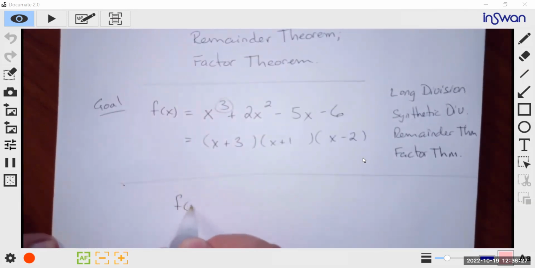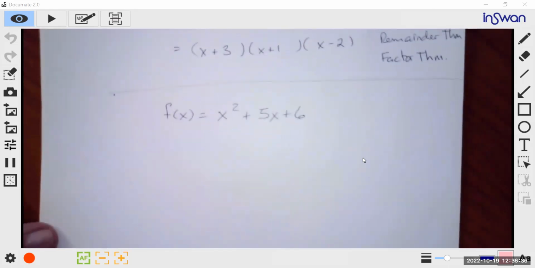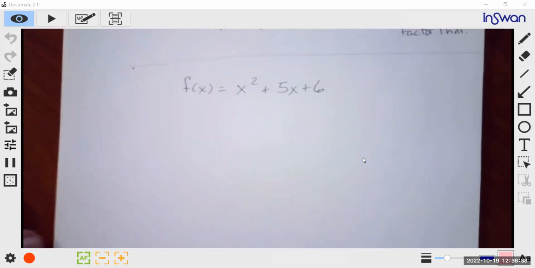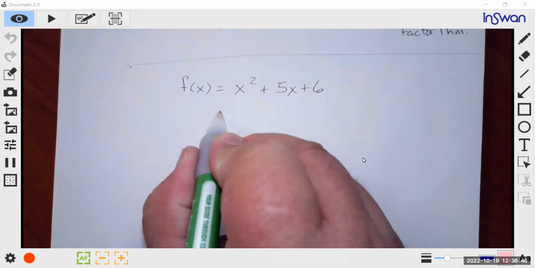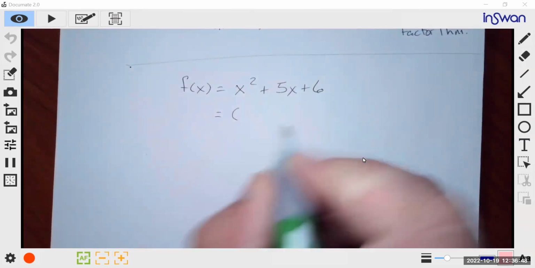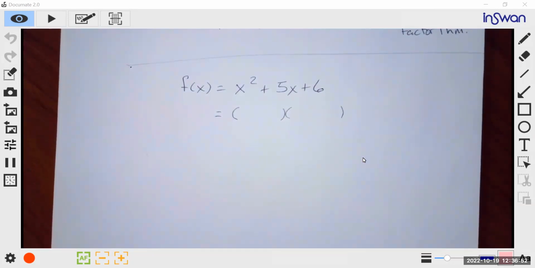But first, let's begin with something we know already. Let's look at that equation. If we factor this, what would we get?